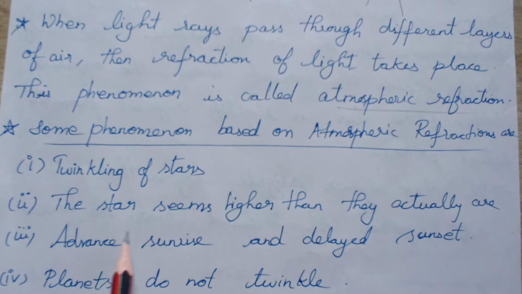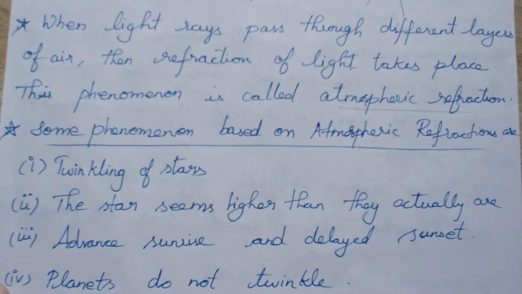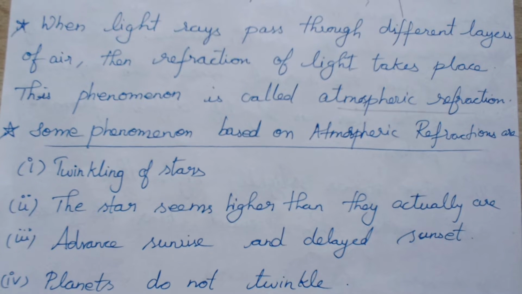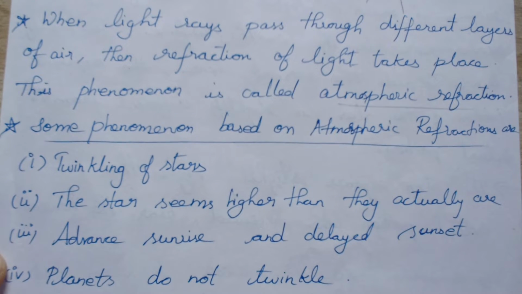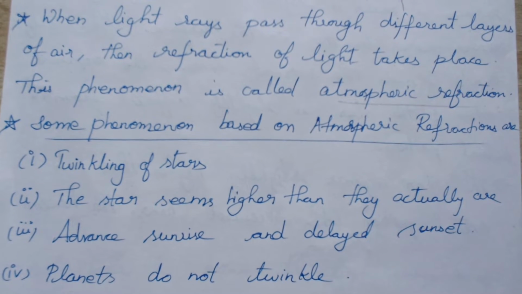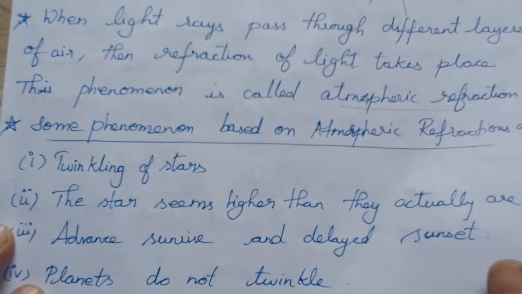And the star seems higher than it actually is. Whatever star we are seeing is slightly higher than its actual position. Next, advanced sunrise and delayed sunset because of atmospheric refraction, and planets do not twinkle because of atmospheric refraction only. We'll see in detail one by one.